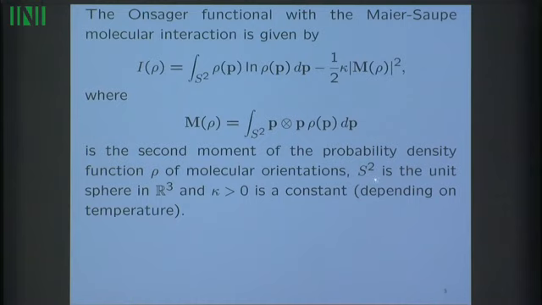S2 is the unit sphere. Here we've got an entropy term. I've divided by the factor here and put it all into this constant here. There would usually be a Boltzmann constant here, for example.